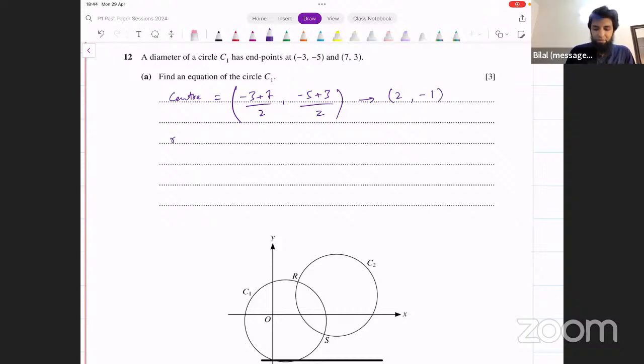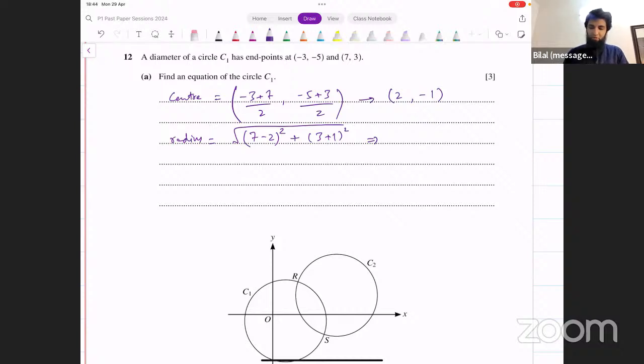What about the radius of the circle? You can find the distance of the center from any one of these 2 points, and that will give you the radius. Let's use the second point, 7 minus 2, x2 minus x1 whole squared, plus y2 minus y1 whole squared, 3 minus -1, that becomes 3 plus 1 whole squared, and the radius turns out to be 5 squared plus 4 squared.